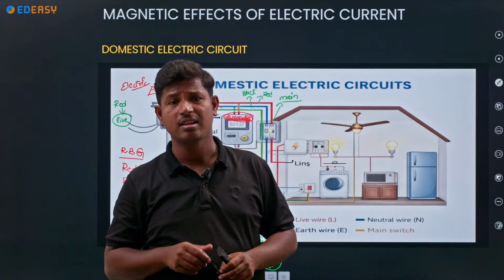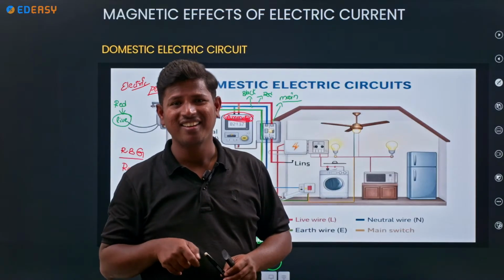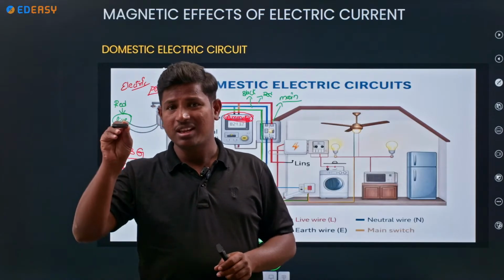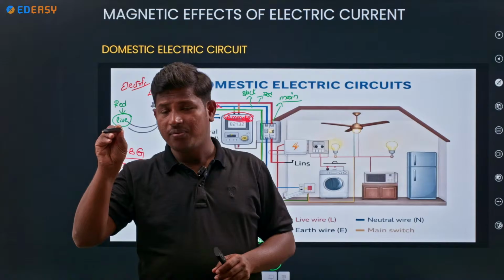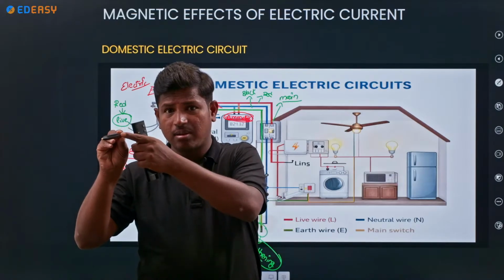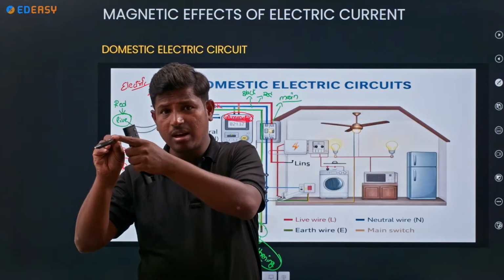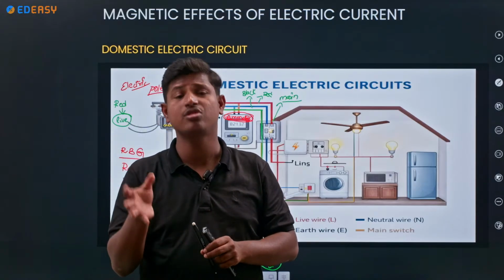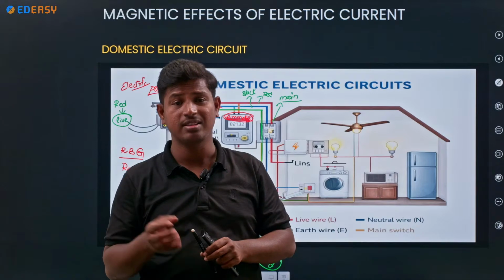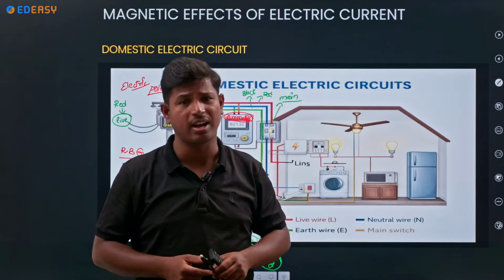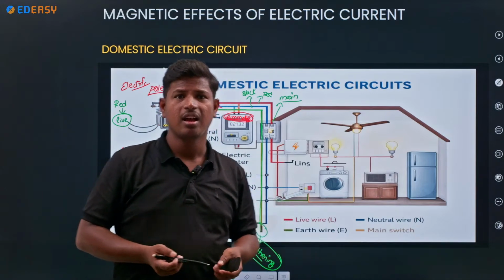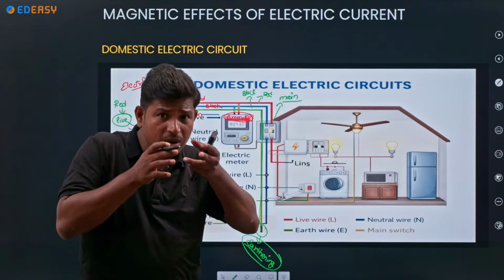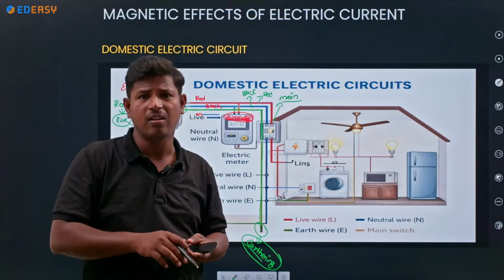How can they test? By keeping a finger? No. With a tester, right. If there is an LED bulb in the tester and it glows, it is a live wire. If it does not glow, it's not live. Because if electricity is present, then only the bulb glows. That's basic, right? So if the bulb glows, there is a live wire.